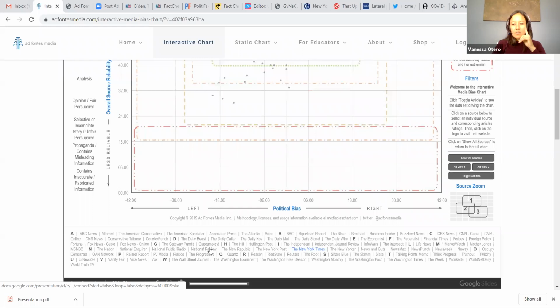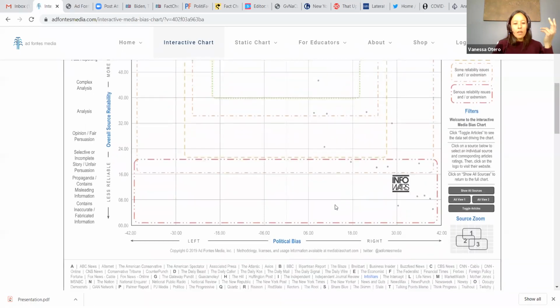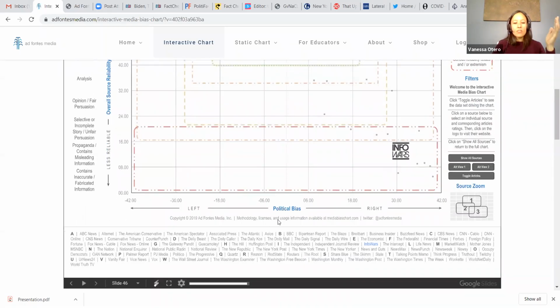But let's take a look at something like InfoWars. Okay. All right. See, here's a problem. A lot of this stuff is in this most extreme, inaccurate, fabricated area. A lot of this stuff is terrible, but then some of the stuff is not bad. It's plausible. Okay. And you can start to see the differences.